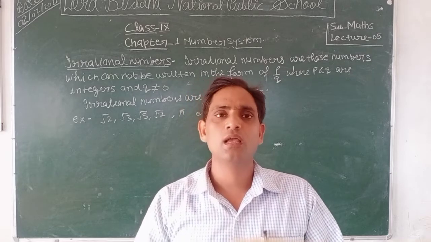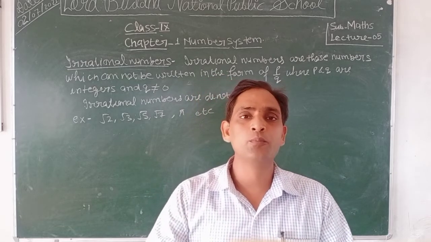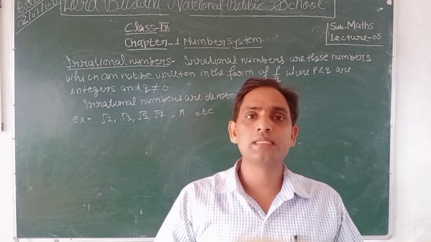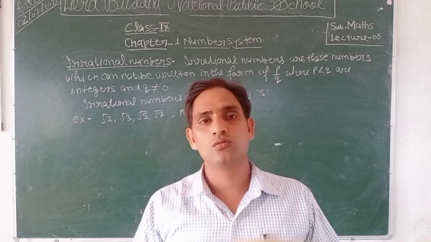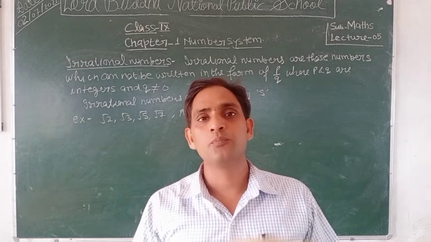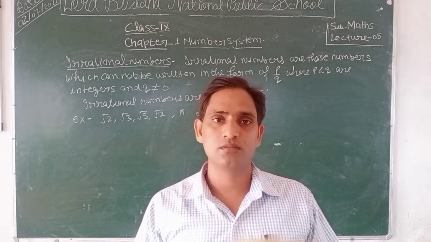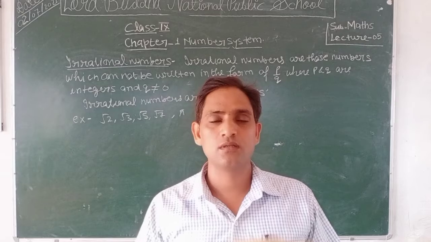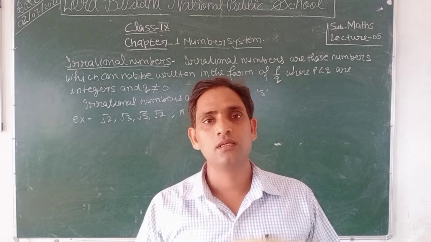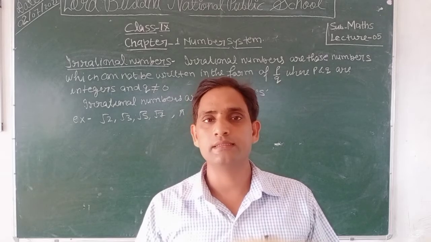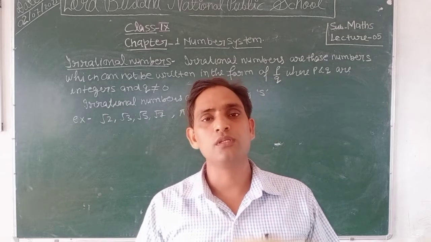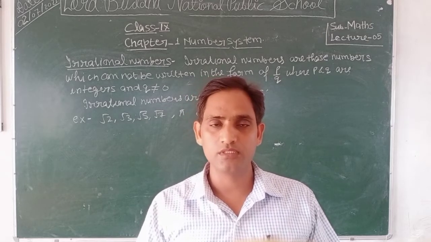As we can find a number of rational numbers between two rational numbers, in the same way we can also find a number of irrational numbers between two given irrational numbers, and irrational numbers can also be represented on number lines, and every point on the number line represents a unique number.